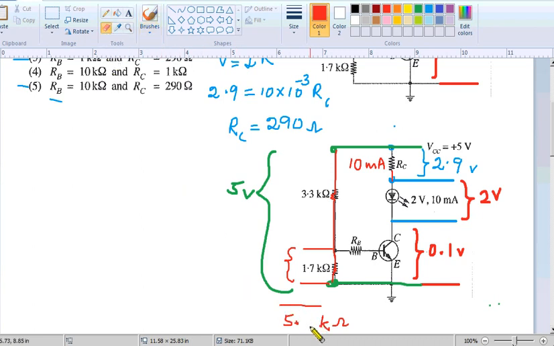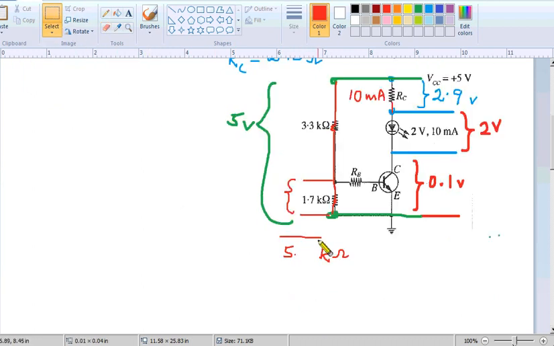So 5 volts is given to 5 kilo ohm. Then what is the voltage for 1 kilo ohm? Obviously 1 volt. For 1 kilo ohm, 1 volt is given.